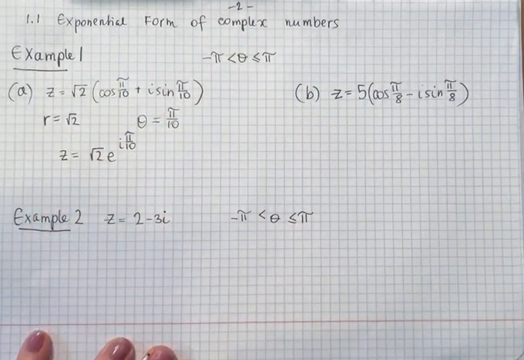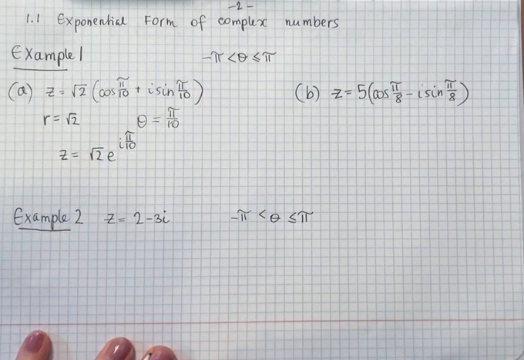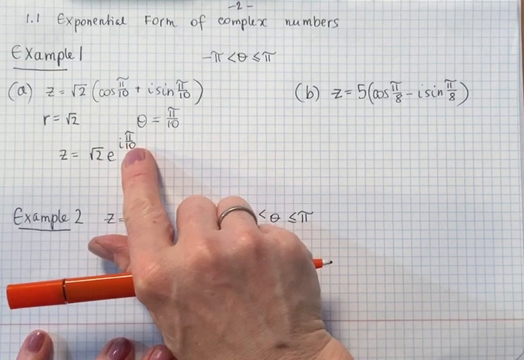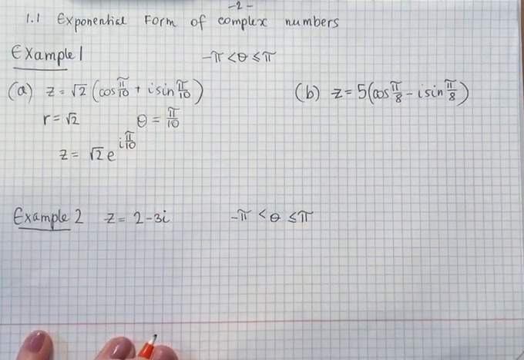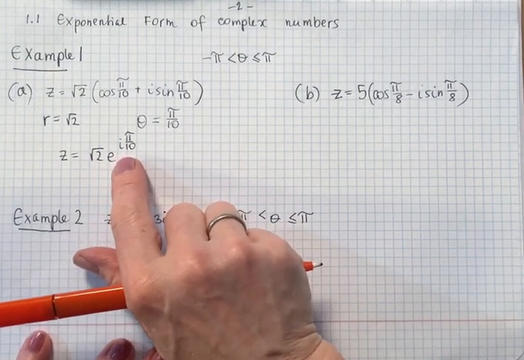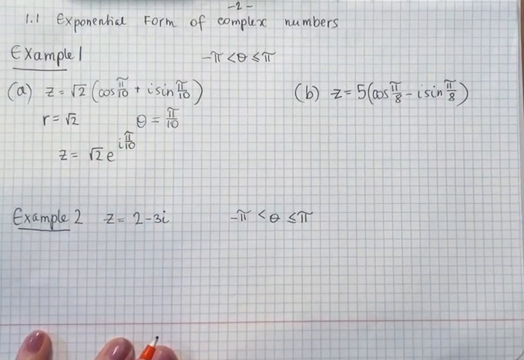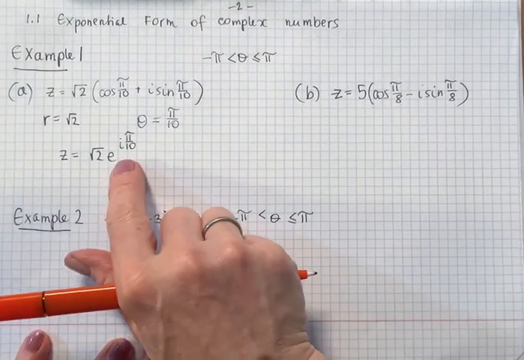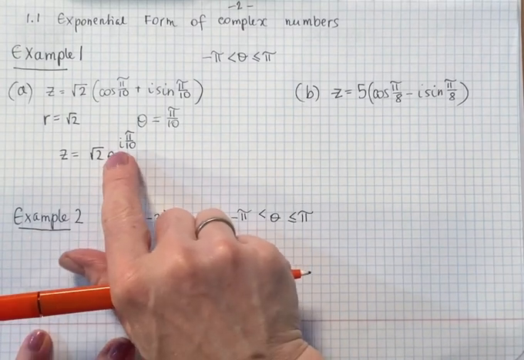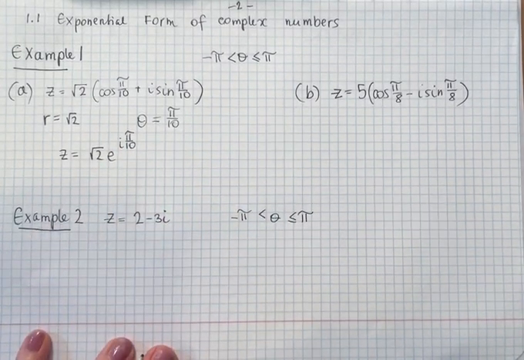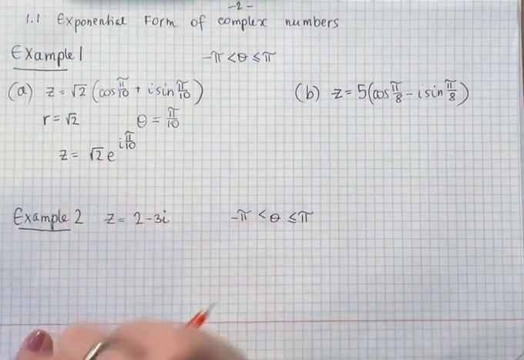I'll very often put an i before the actual value of the angle. It can alternate, but whether you put it in front or at the back, it's perfectly fine. There you go, it's done.